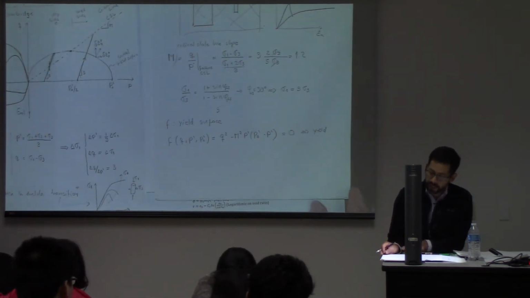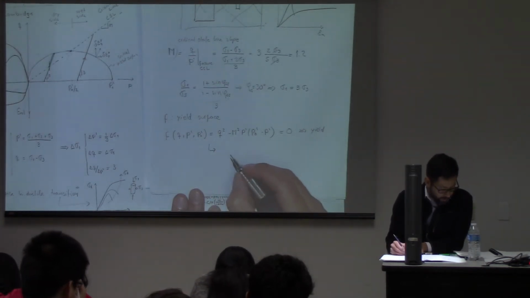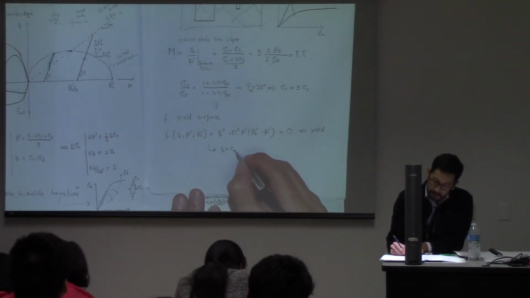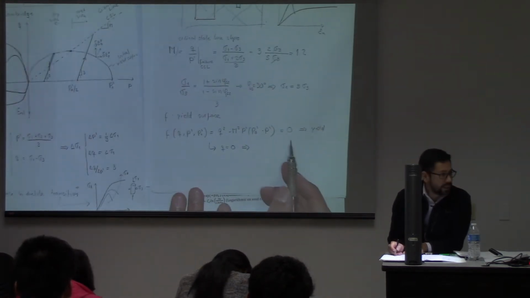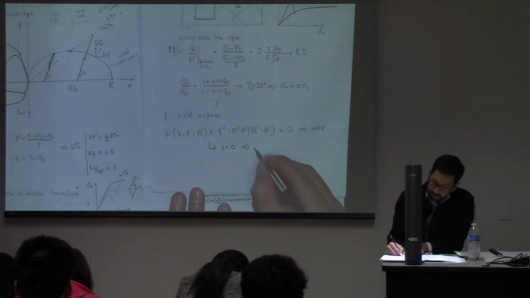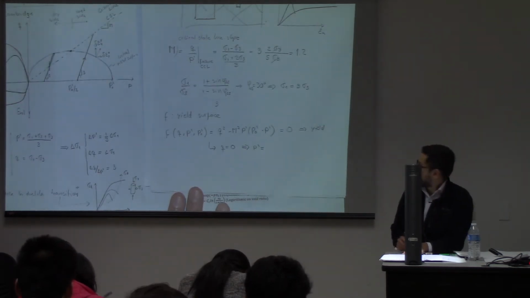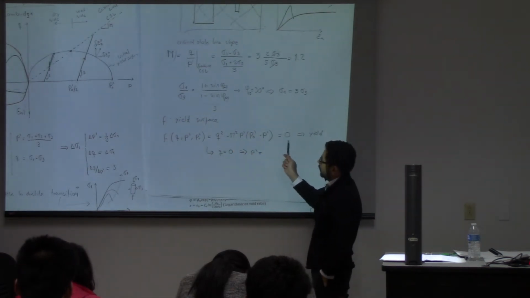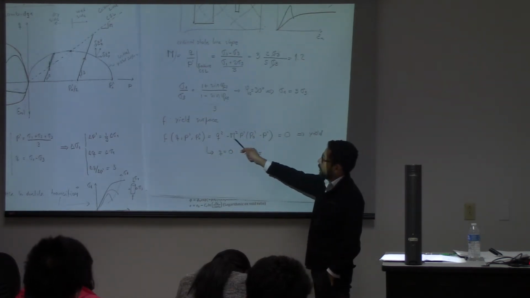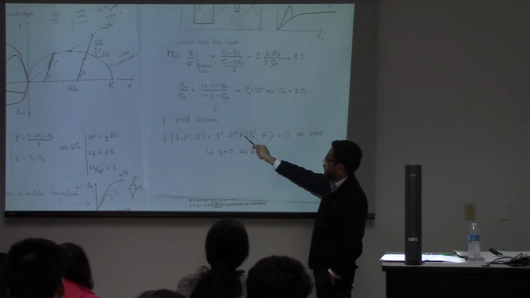Let's check that this equation makes sense. Let's say that Q is equal to 0. What is going to be at yield the value of P prime? So if Q is equal to 0 and I want to make this equal to 0, I know this one is not equal to 0 and I don't want to go into the trivial case of this one being equal to 0.